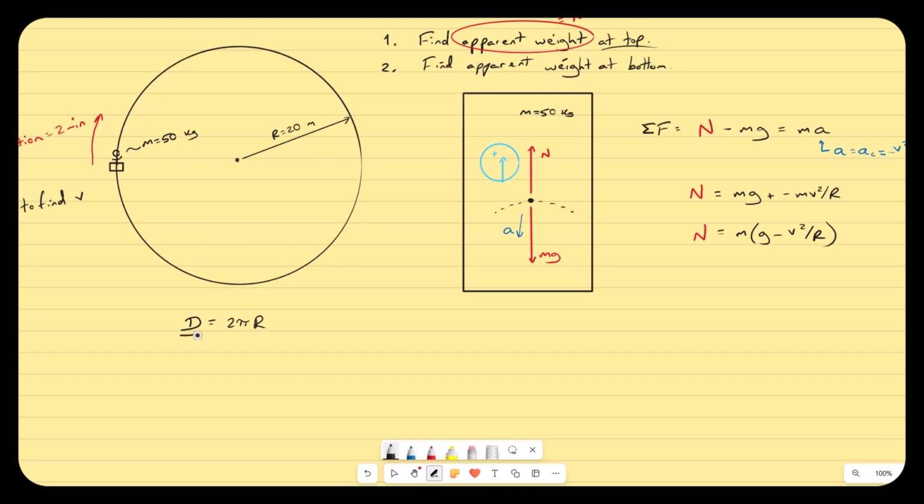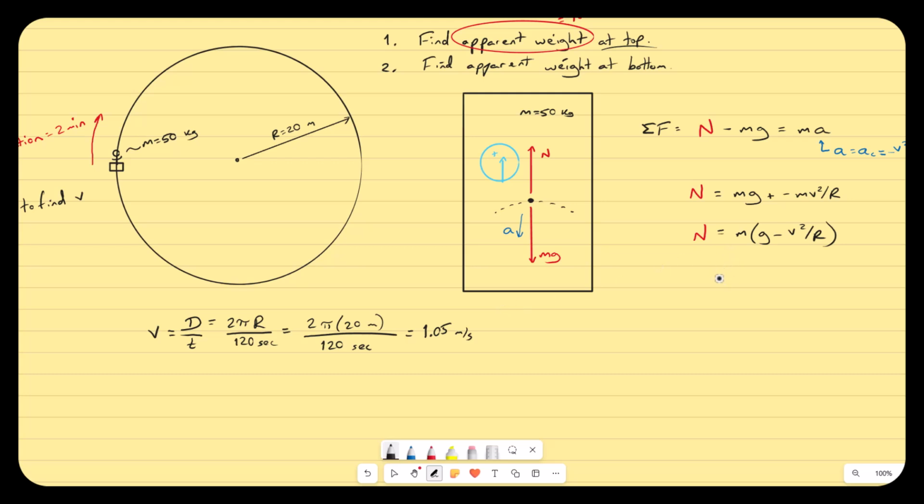That takes 2 minutes. Distance over time, that looks like a speed. So I've got 2 pi times 20 meters over 120 seconds. That works out to be 1.05 meters per second.